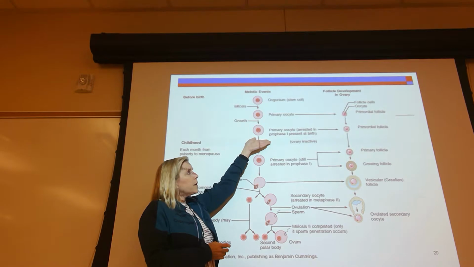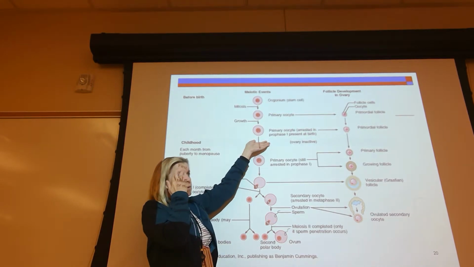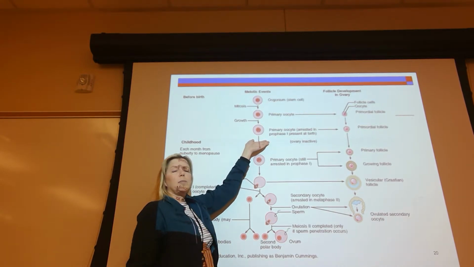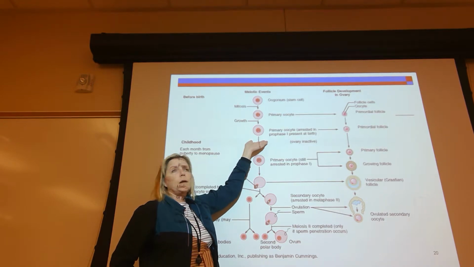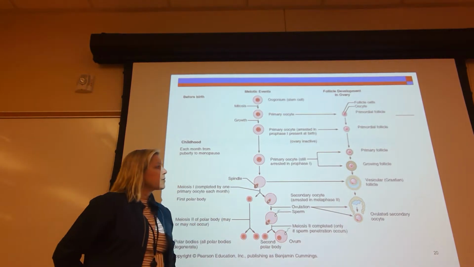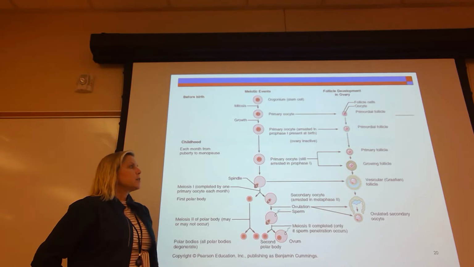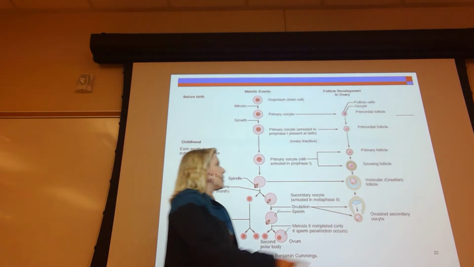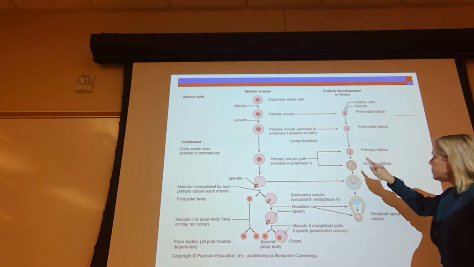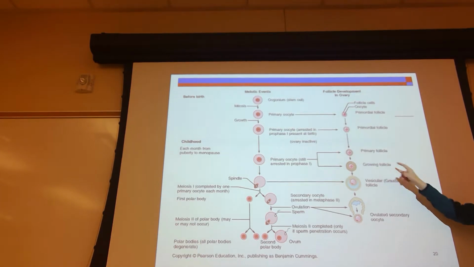Ladies, when you were born, all of your primary oocytes still were 2N, diploid. They were rested in prophase 1. When you entered puberty and you started to ovulate, many of your primordial follicles turned into primary follicles.